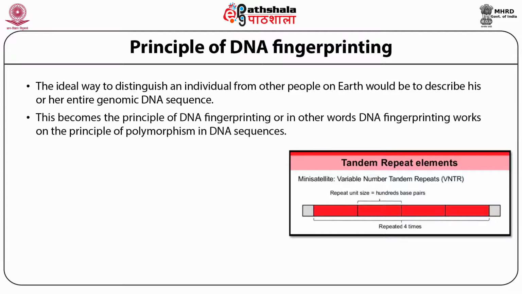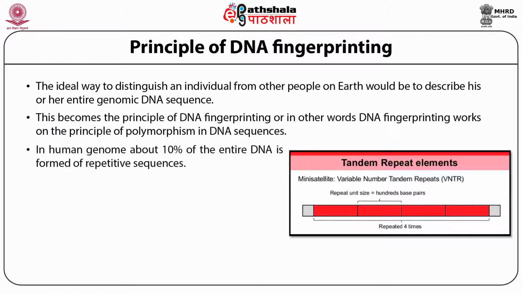This becomes the principle of DNA fingerprinting, or in other words, DNA fingerprinting works on the principle of polymorphism in DNA sequences. Important to DNA fingerprinting for determining identity are short nucleotide repeats that vary in number from person to person and are inherited.